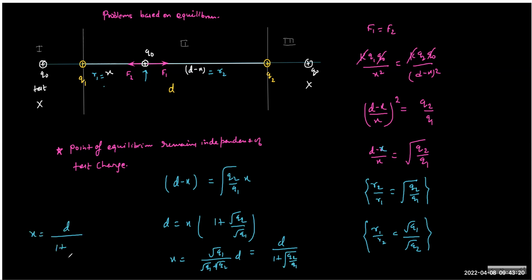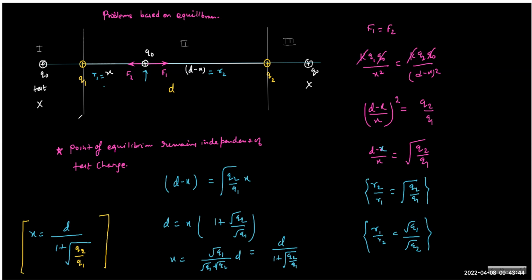Now what you need to realize is that the answer depends on the ratio of charge, not the actual magnitude. Because when you take the ratio, the value will cancel out, only the ratio will remain.